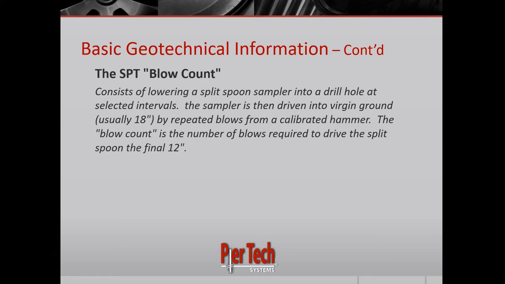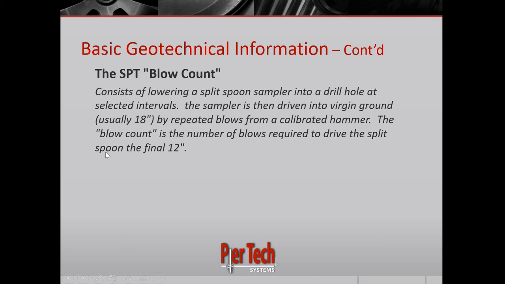Typically a 130-pound hammer is dropped 30 inches onto the sampler multiple times until you reach an 18-inch overall distance of travel. Every time the hammer comes down, that blow count is recorded. The blows for the final 12 inches of movement are added up, and that's called the blow count, or the N value.